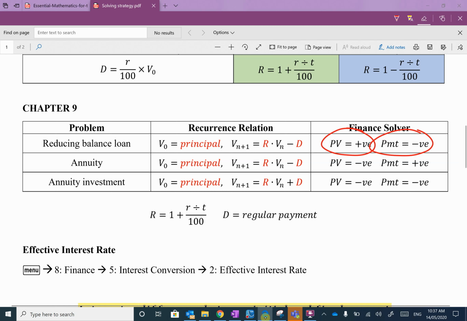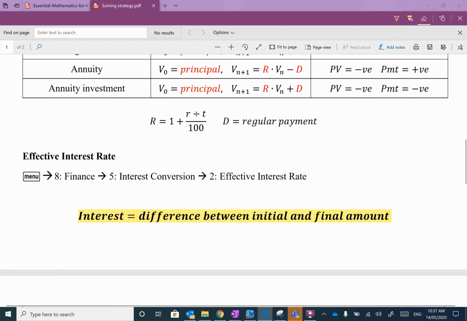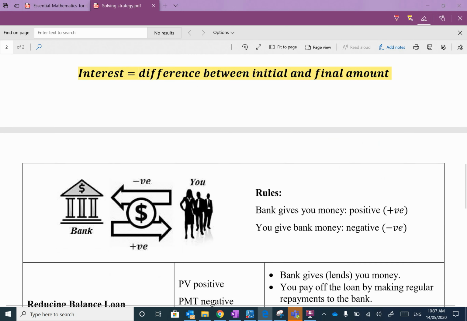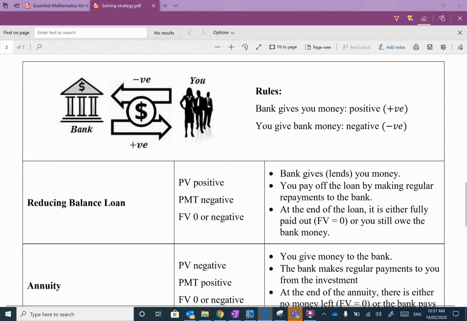So the wording, and I think I've said a couple of times before, money or words have directions. Words are either going to be positive or negative. So we're looking at those words to determine whether or not you've got a reducing balance loan. Now, you're pretty lucky. In most cases, an example will actually tell you if it's a reducing balance loan. But in a reducing balance loan, the bank lends us money.